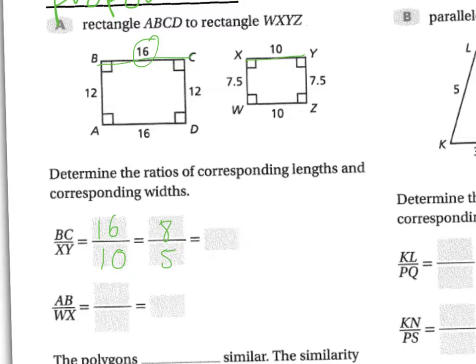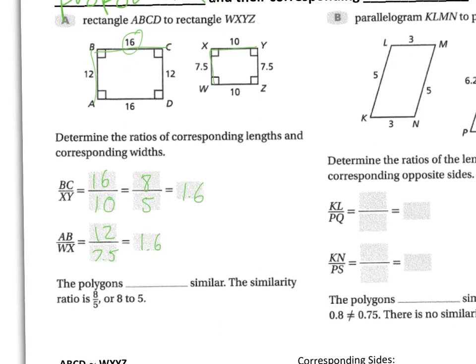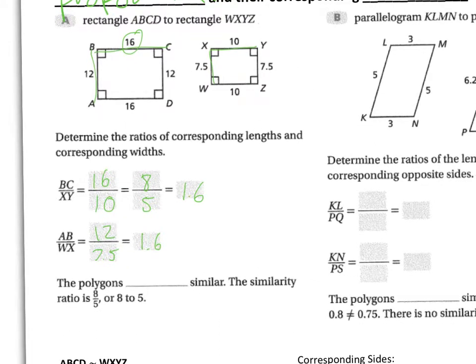And if we found the decimal for that, we get 1.6. Then we'll take AB, which is 12, over XW, which is 7.5. And if we found the decimal for that, we'd see it was also 1.6. Therefore, because the ratios are the same, the polygons are similar. And the similarity ratio is 8 over 5, or 1.6.